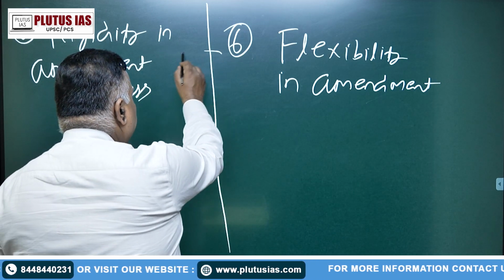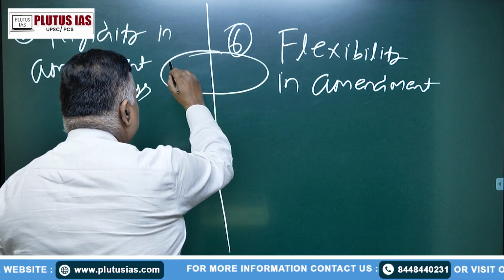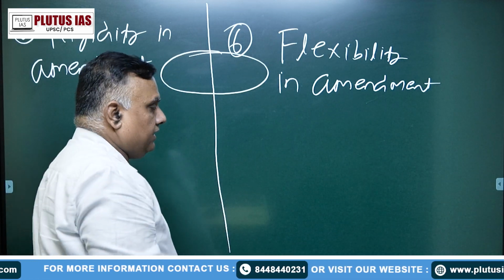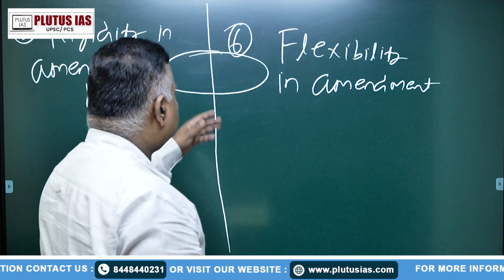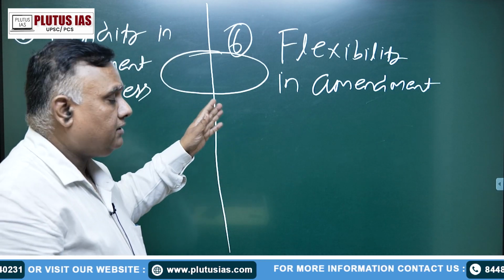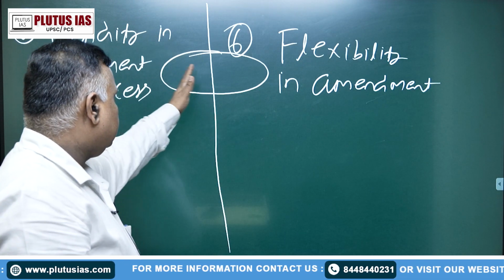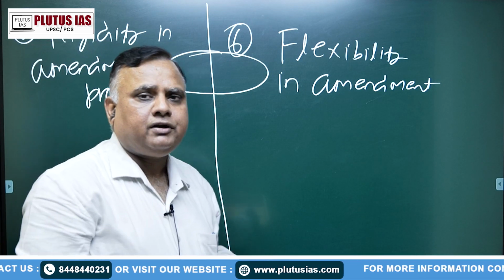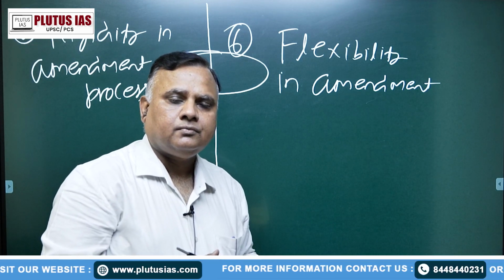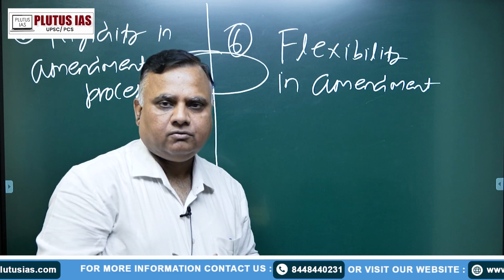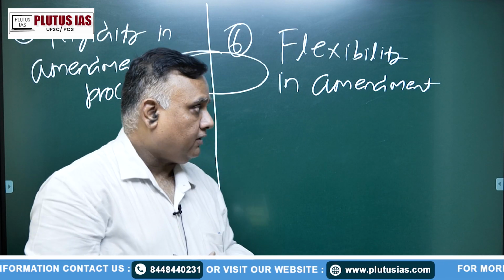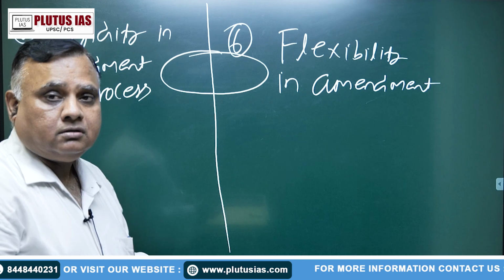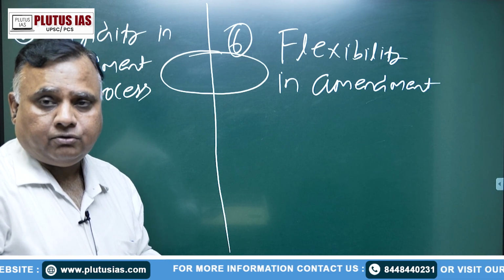India is having partly federal, partly unitary. So in some areas, federal features, federal matters, there is rigidity in amendment in India. While in other non-federal matters, simple majority will work. But for amending fundamental rights, 2/3 majority, special majority will be required.